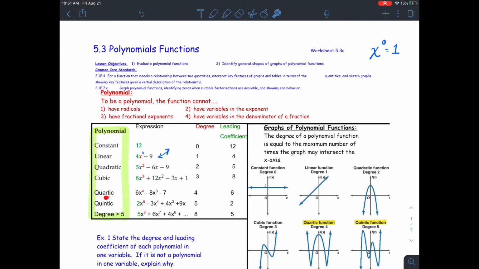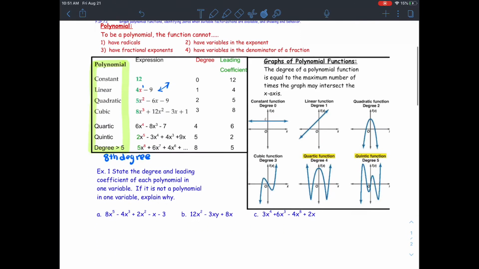So if the degree is 4, then we call that polynomial a quartic. Quintic is fifth degree, and once you get past fifth degree, for example here an 8th degree, there's no special name, so we just call it 8th degree, okay?